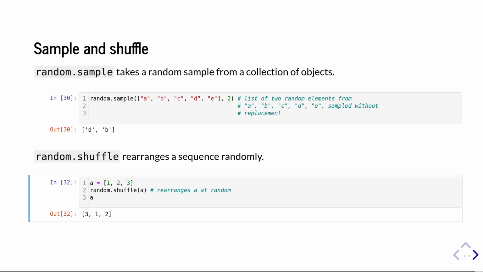Do it again, we get 3, 1, 2. Do it again, 3, 2, 1. Okay, a different rearrangement each time. Okay, so that's what random.shuffle can do. If you want to rearrange a sequence at random, then that will do it. But it's important to remember that it does modify the original sequence. So if you start off with a list A, then random.shuffle(A) changes A.